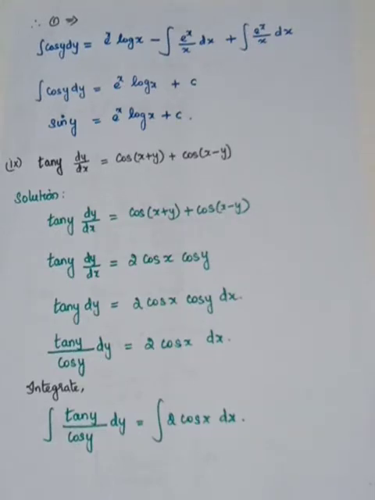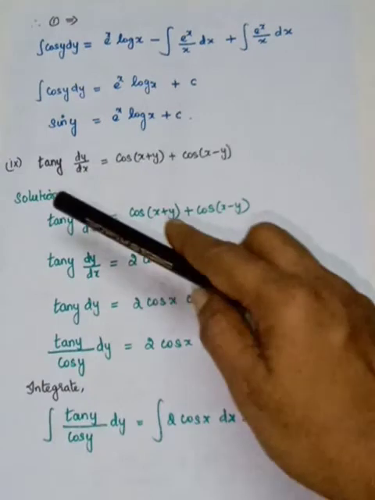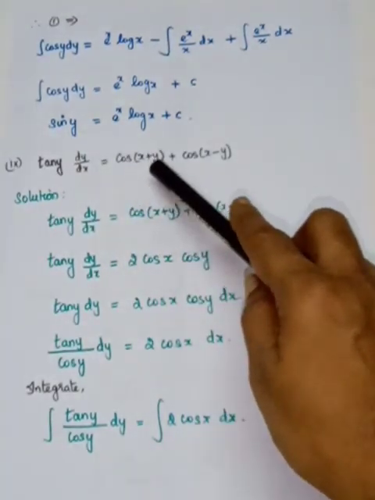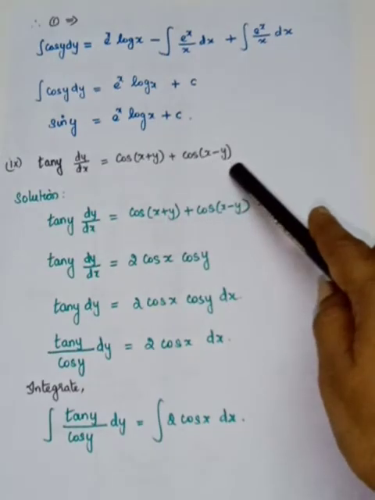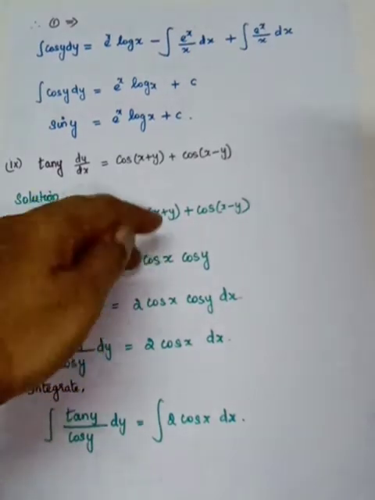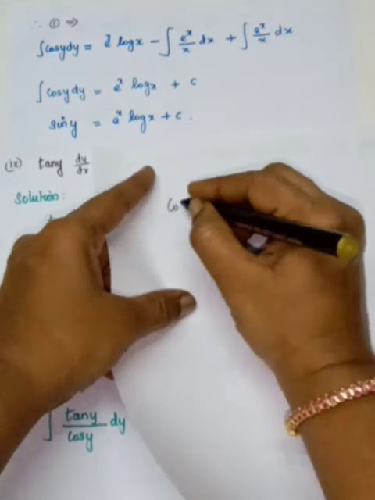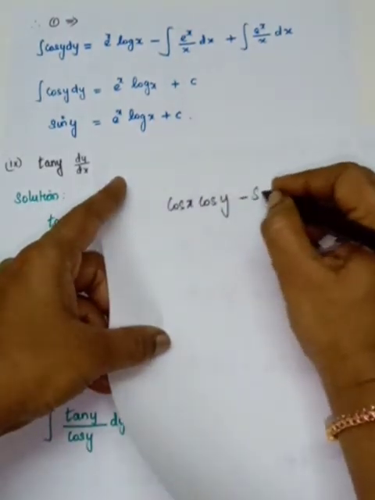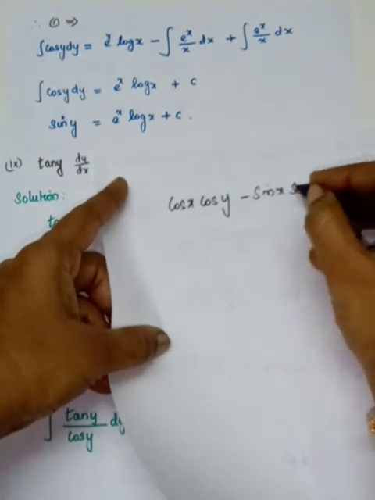eighth subdivision. Coming to the ninth subdivision, tan y dy by dx is equal to cos of x plus y plus cos of x minus y. Okay, so see that cos a plus b, what is it? Cos x plus y can be written as cos x cos y minus sin x sin y.